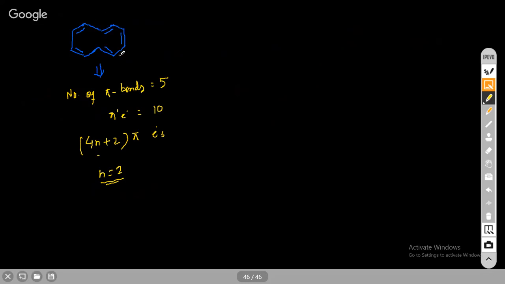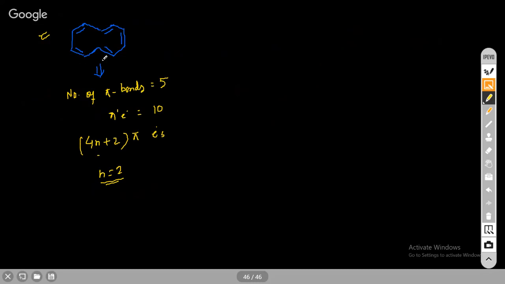And when the ring is not planar, the uniform distribution or delocalization of electrons is not possible, and hence the molecule is not aromatic. So you see, it follows Huckel's rule. If you look at this molecule, you can say, okay, it follows Huckel's rule, so aromatic. No, there are many exceptions. One of the exceptions is this: you should know which kinds of molecules are planar and non-planar, so that you can do this kind of question.